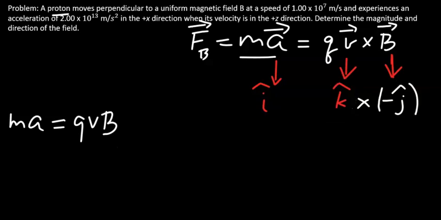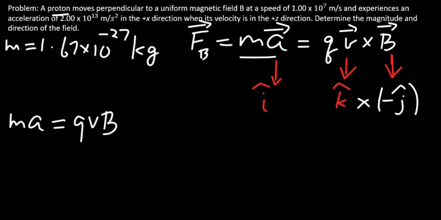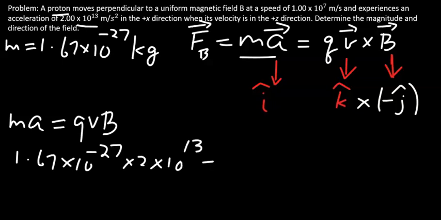This is a proton. So the mass of the proton is 1.67 times 10 to the power minus 27 kg. So if you put that in there, 1.67 times 10 to the power minus 27 kg. Acceleration is given by that number, 2 times 10 to the power 13 meter per second squared. The charge of the proton is 1.602 times 10 to the power minus 19 coulomb.